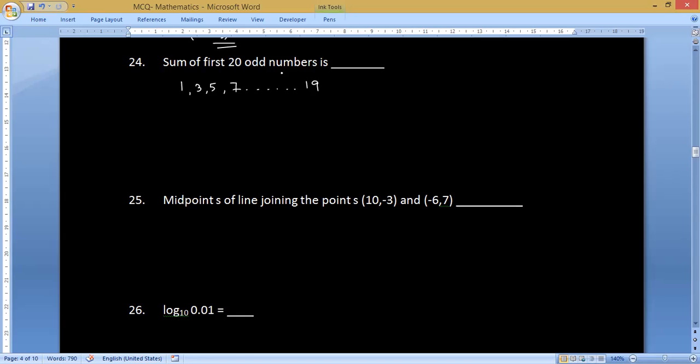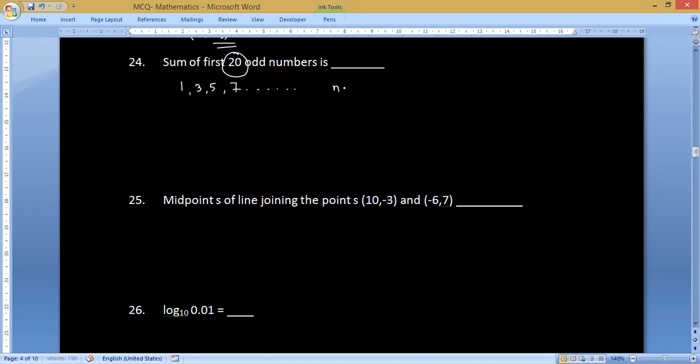But in this case, he has not mentioned anything like between, greater than or less than. He said only to find the sum of 20 odd numbers. So we write the series 1, 3, 5, 7, and so on.